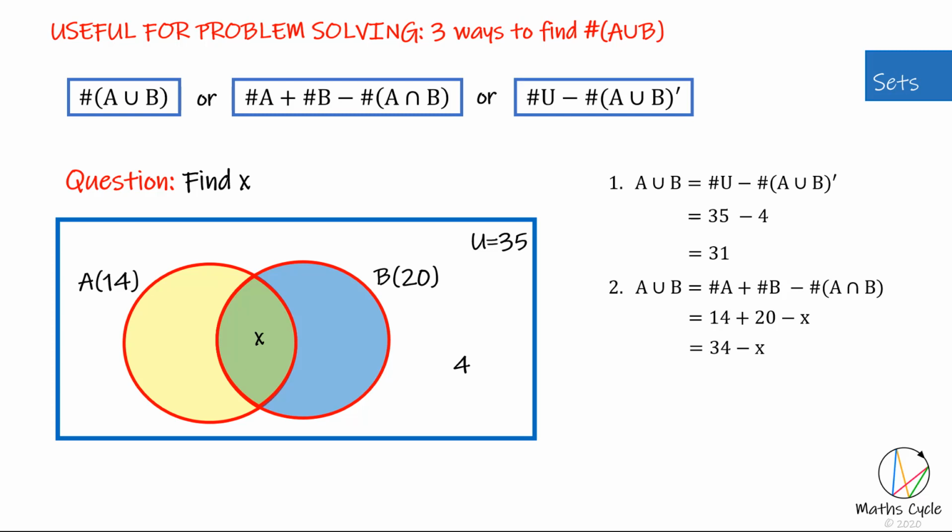Now what we've done is found 2 different ways to find A union B. So both of those answers should equal each other. So putting 1 equal to 2 and solving, we have 31 equals 34 minus x. Add x to both sides and subtract 31 from both sides. So x equals 34 minus 31. So x equals 3. Okay.